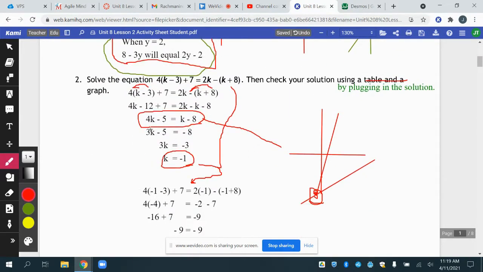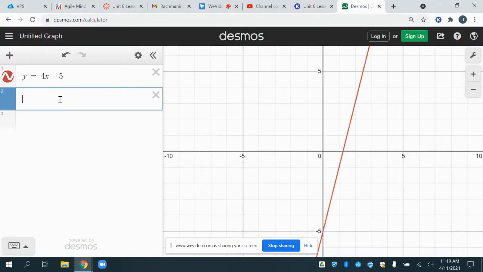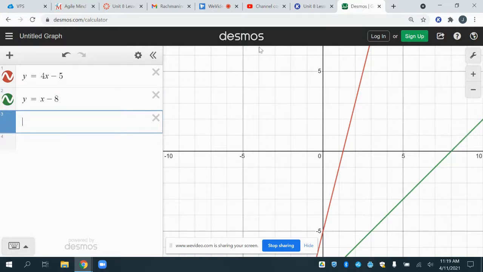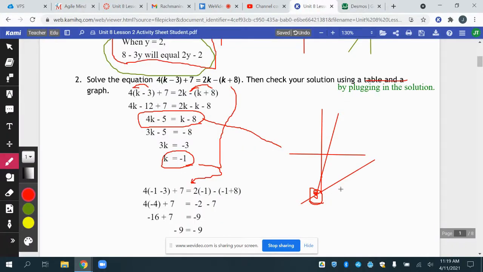So I'm just taking this and I'm saying y equals 4x minus 5 and y equals 1x minus 8, or just x minus 8. Okay, and just like I had drawn here, we have a shallower line that's further down, and we have a steeper line that's further up crossing this line, because this has a slope of 4 and it crosses at -5. And this one has a slope of 1 and it crosses at -8.